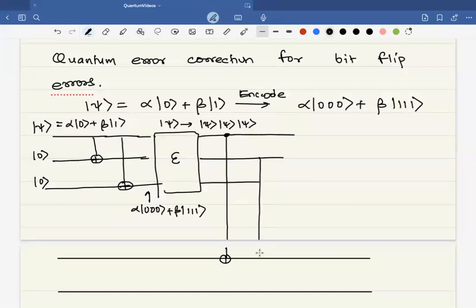This is the syndrome detection. This is ket 0, ket 0. And similarly, we'll have one over here.